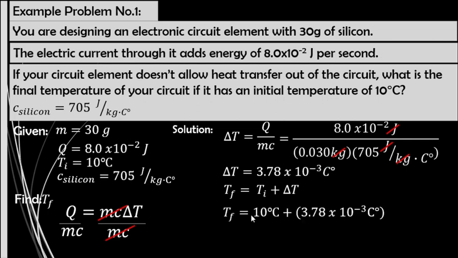Substituting our values, we have T sub I as 10 degrees Celsius, and the change in temperature we got earlier is 3.78 times 10 raised to negative 3 Celsius degree. Adding these two values, we will have our final answer as 10.00378 degrees Celsius. So this is the final temperature of our circuit after absorbing a certain amount of energy or heat.